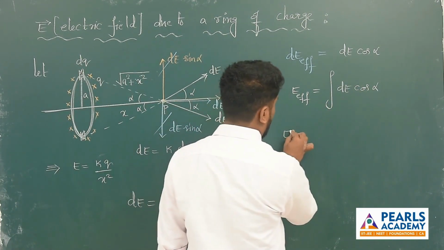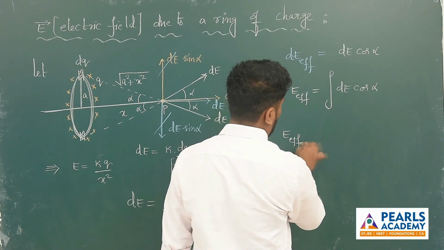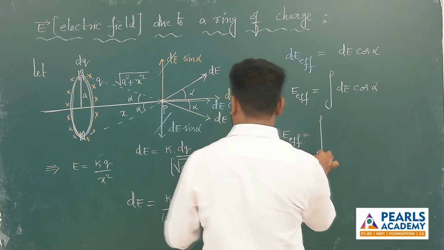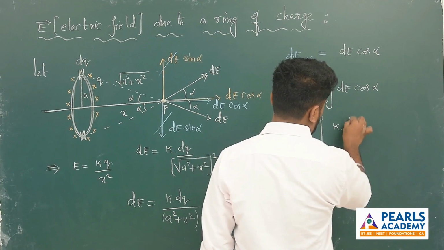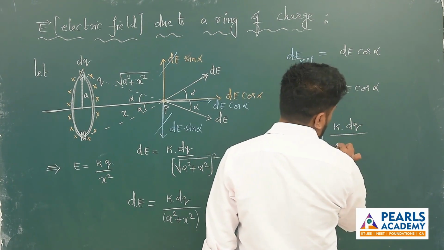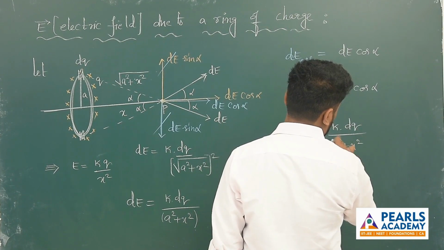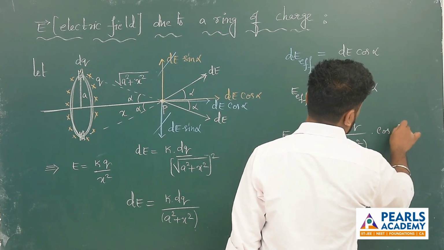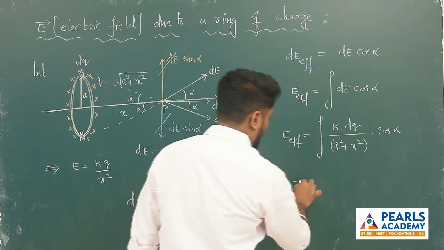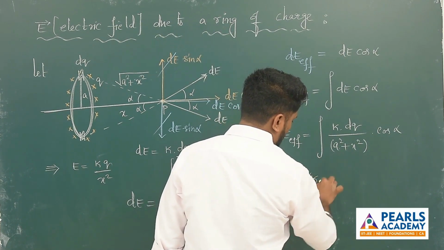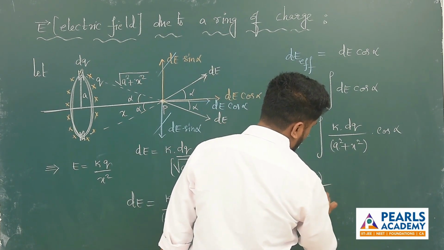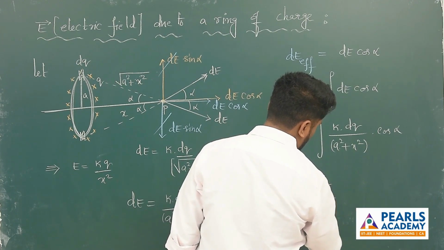So we can write E effective equals the integral of dE cos alpha, where dE is K dq by a square plus x square, times cos alpha. Taking the constants out, K by a square plus x square.